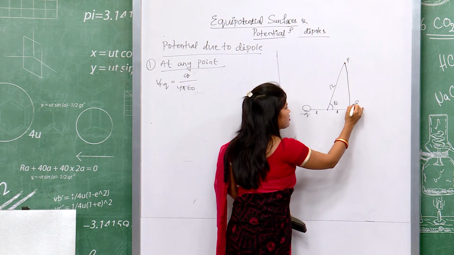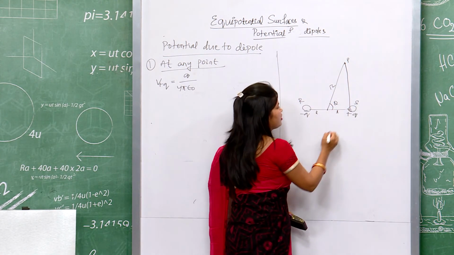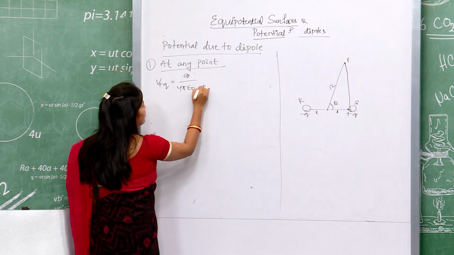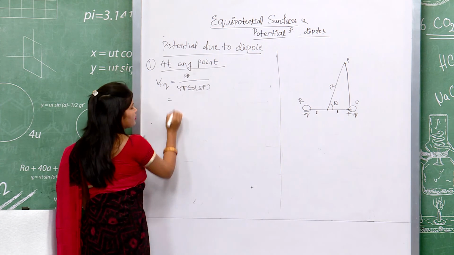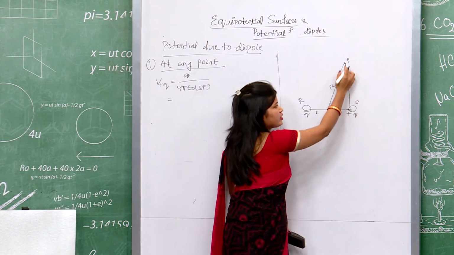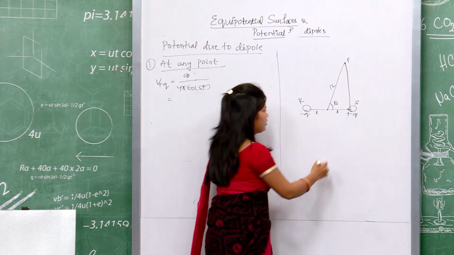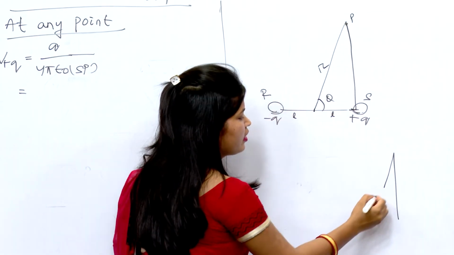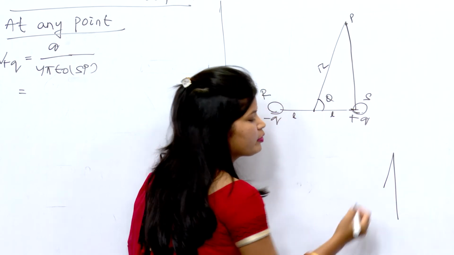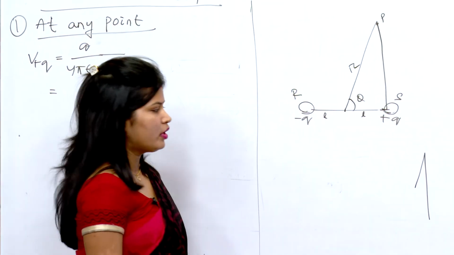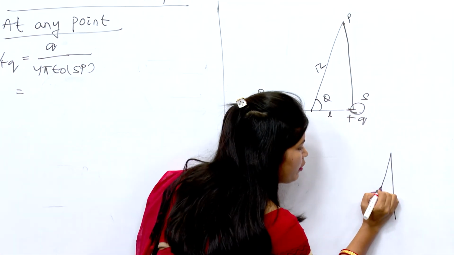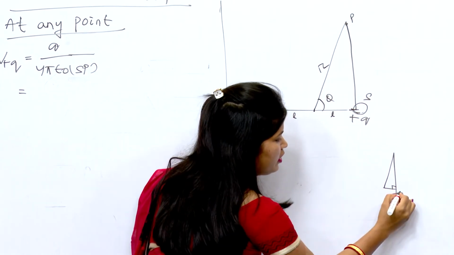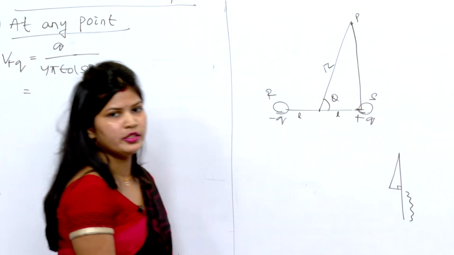Suppose this is S, this is R. So, this is the SP distance. How do we calculate the SP distance? See, suppose these two lines are there. What is the path difference between these two lines? I will make a perpendicular from this line to this line, and this difference is our path difference.